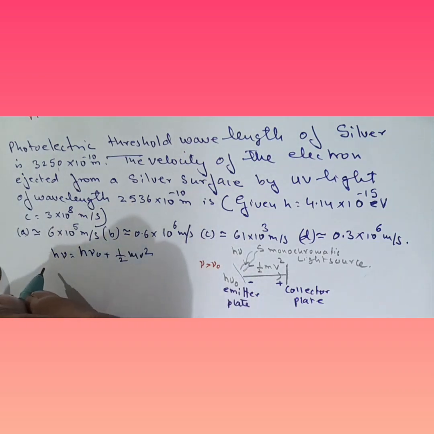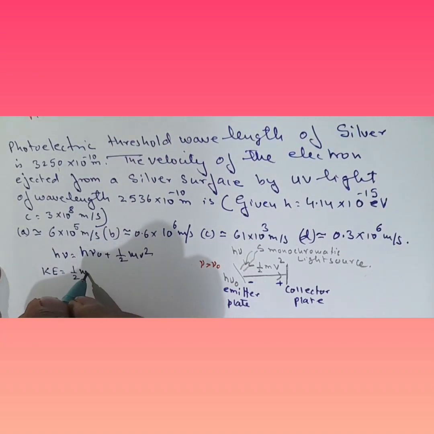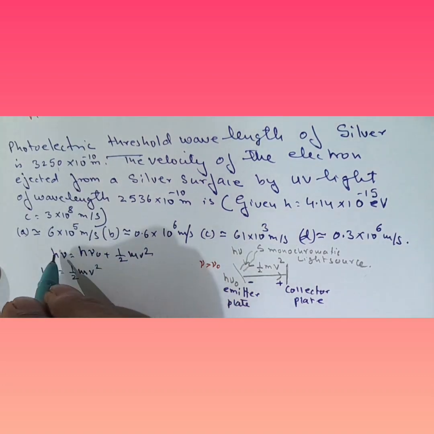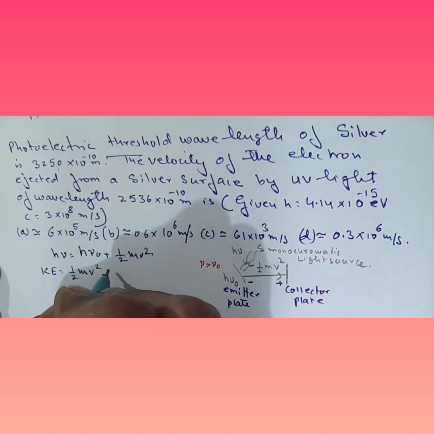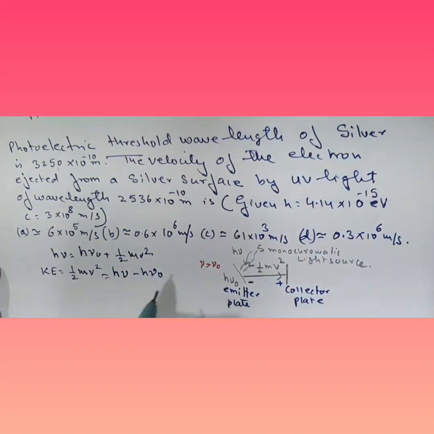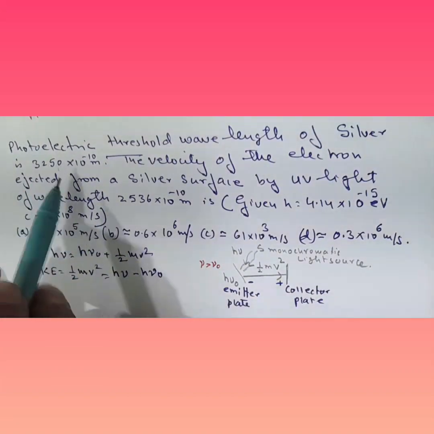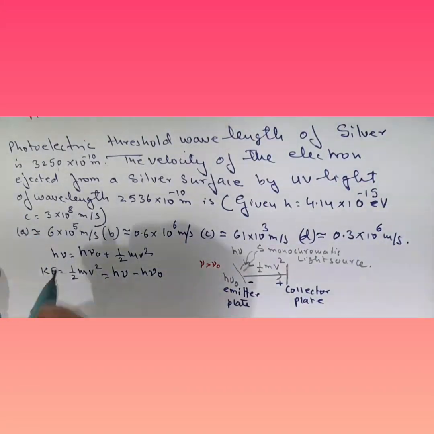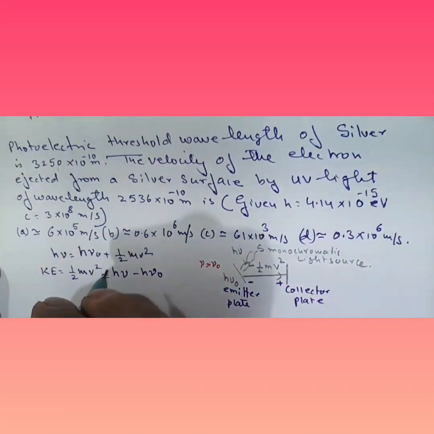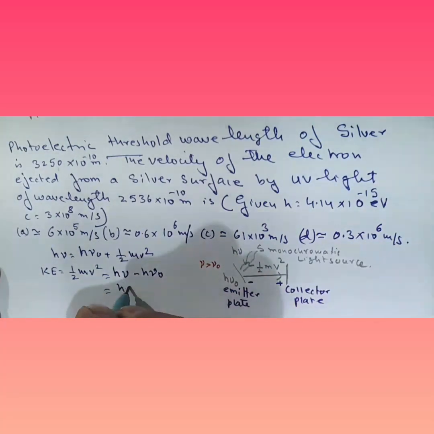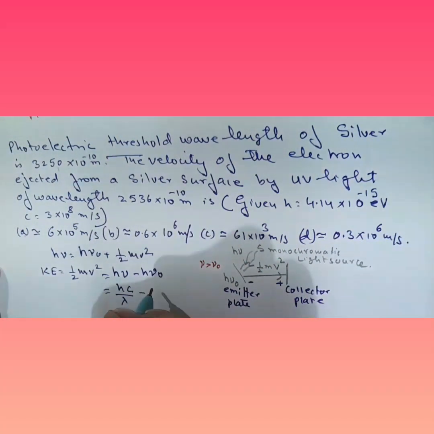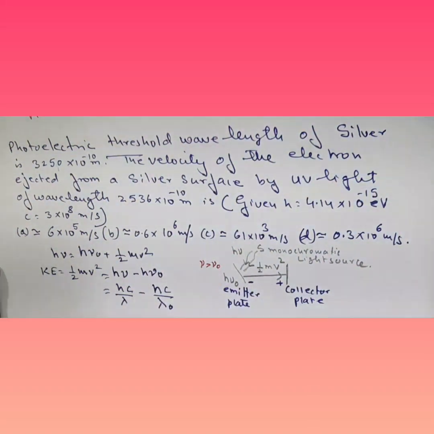So for kinetic energy, KE is equal to half m v square, which is h nu minus h nu 0. This would be our equation. Now if we write in terms of wavelength, because we have been provided wavelength, this would be equal to hc over lambda minus hc over lambda 0.